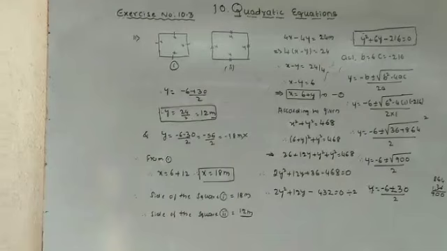Last digit is 9, either 73 or 77. 73 multiplied twice: 3 3s are 9, 3 7s are 21, 7 3s are 21, 7 7s are 49 plus 2, 51.